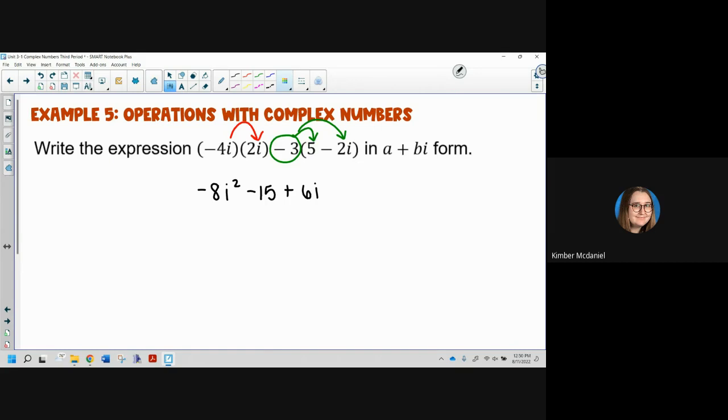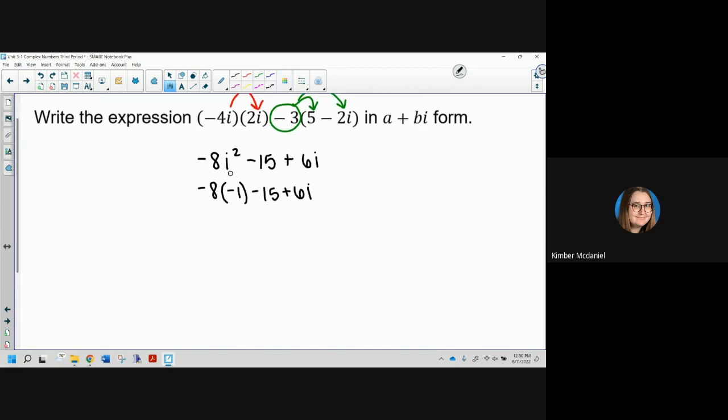Hopefully you're catching on and you're thinking, okay, we need to replace the i squared with -1. If you're thinking that, you are correct. So i squared is equivalent to -1, so we substituted it. -8 times -1 is +8 minus 15 plus 6i.